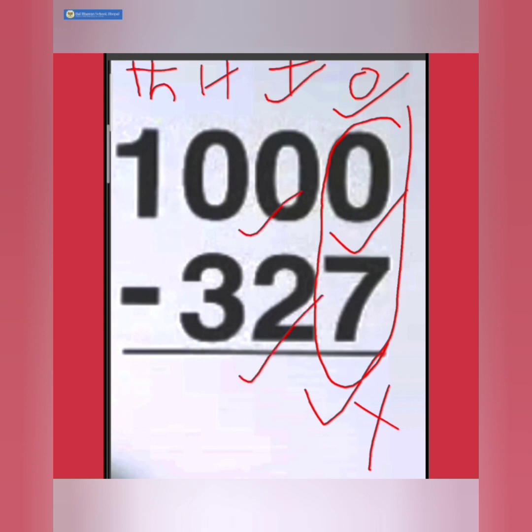Can we take away 2 from a 0? No. Look at the hundreds column. Can we take away 3 from a 0? No. It means we have to borrow. And quickly guess, where are we going to start borrowing from? Everything here is a 0.